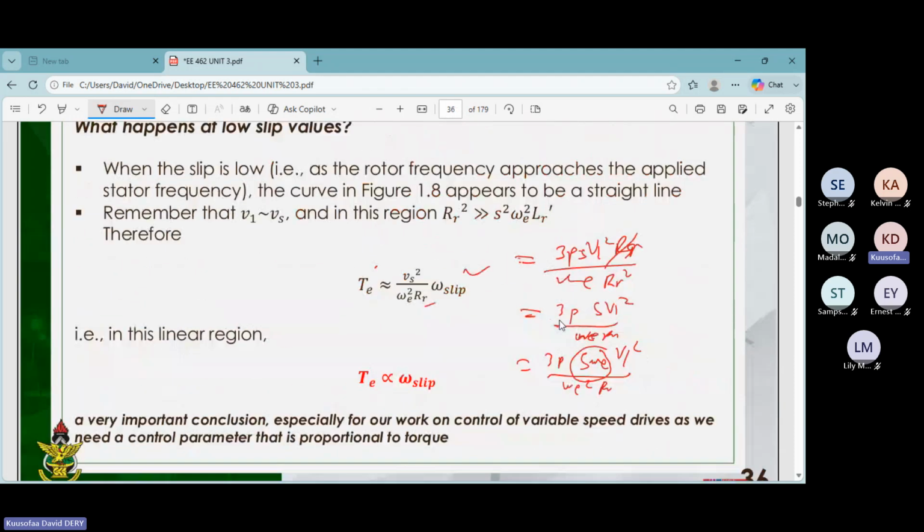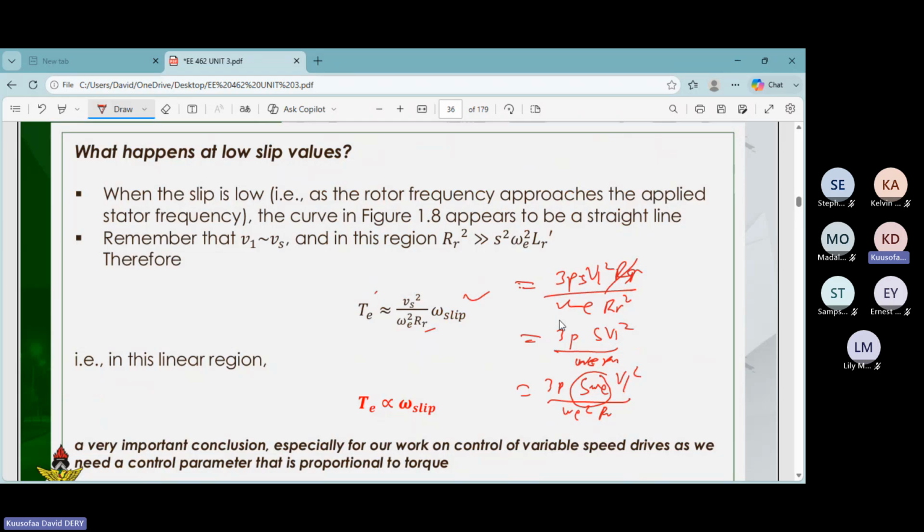So this approximation, this what we have is very, very important. It's a very important conclusion, especially for our work on control of variable speed drives, as we need a control parameter that is proportional to torque.